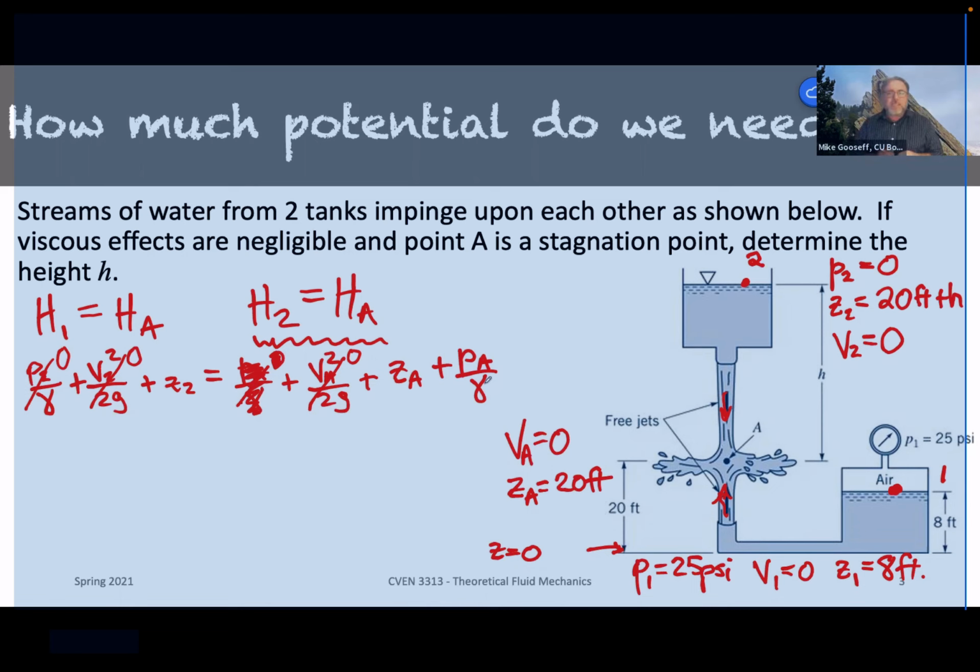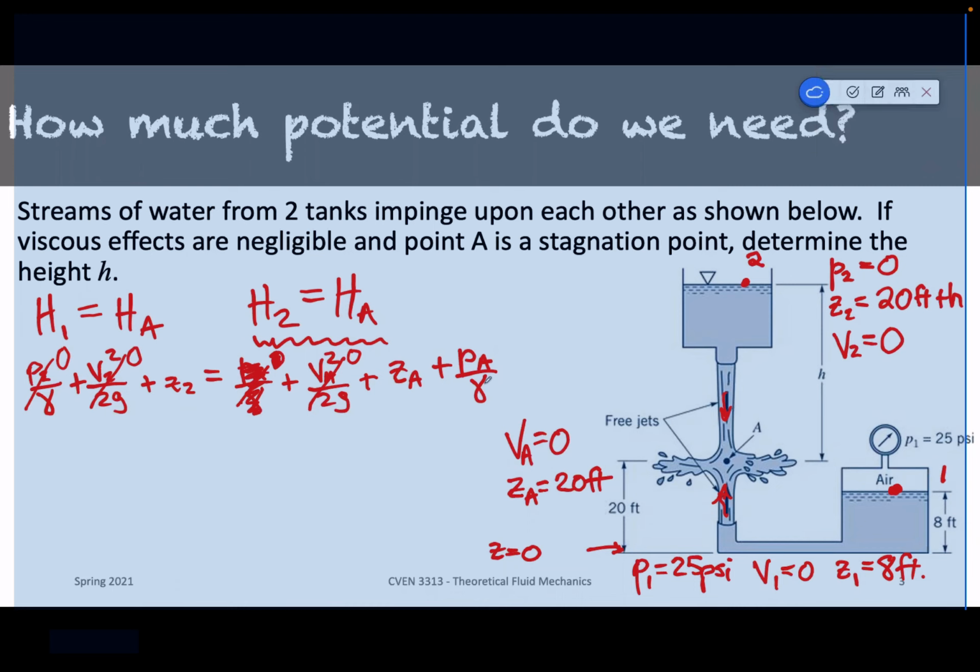So we can't ignore the fact that there is vertical movement of water here, which is providing something of a pressure. That's why this looks a little bit different than some of the other cases that we've looked at with our free jets. The free jets that go out into the world and go out horizontally for the most part tend to have that pressure equal to 0. In this case, we have a slightly different situation. We do know what ZA is.